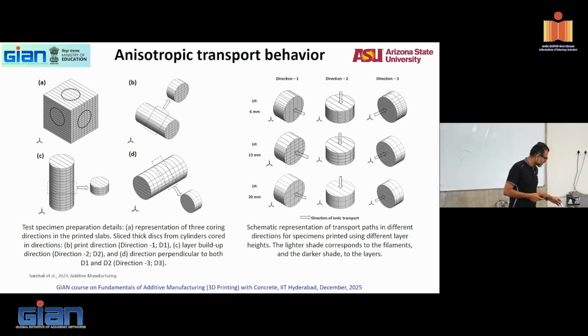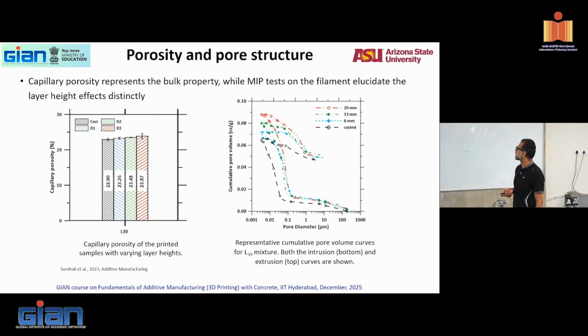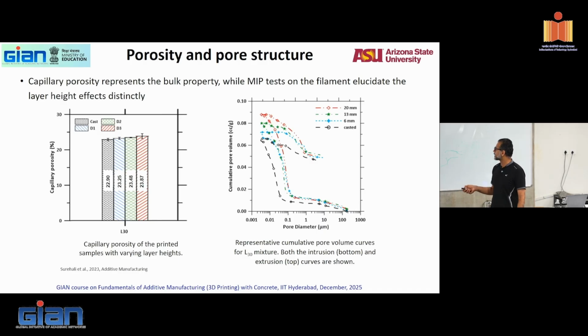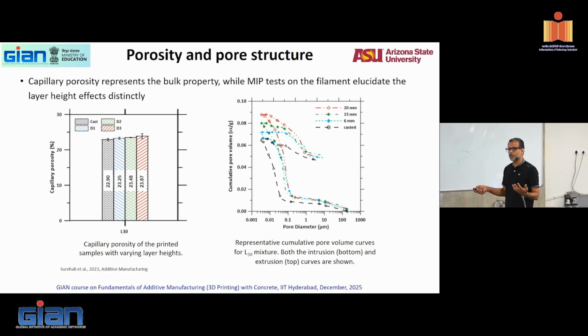Anisotropic transport behavior, we will see some of this as we go through transport as well. For different mixes, the porosities in different directions are not very different in this case. So it doesn't have to be really different. Sometimes you can reduce the anisotropy by controlling how you print.